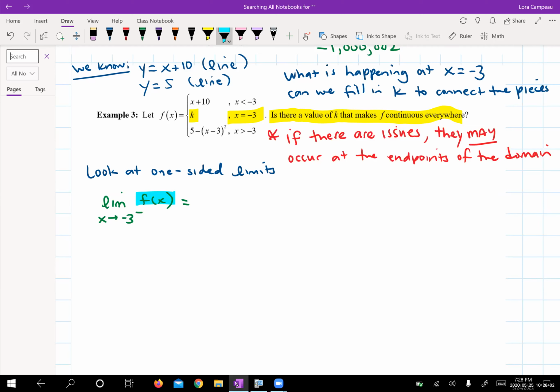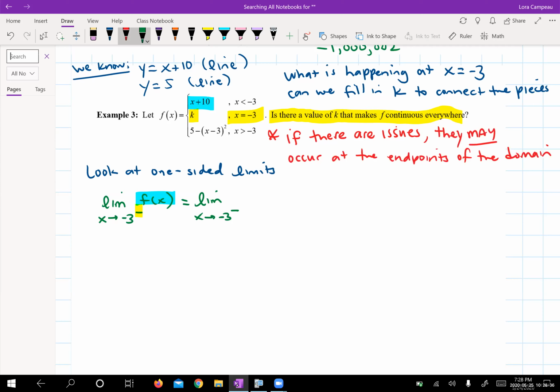So remember what the notation says. If you're looking at the one-sided limit and you see a little negative sign, I'll highlight it in yellow. That's looking at the function on the left of all the x values, the left of the -3. So it looks like you'd be choosing the x plus 10 piece, and we actually want to inspect this a little bit further. So we can say that's the same thing as the limit as x approaches -3 from the negative side of x plus 10.